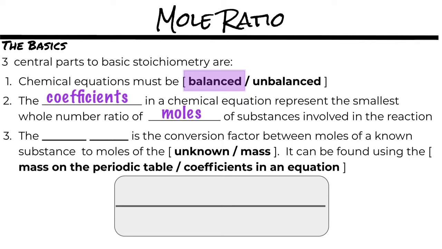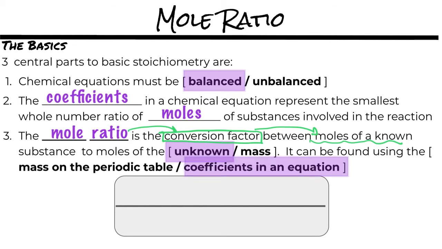And we use this thing called a mole ratio as a conversion factor between moles of a known substance to moles of an unknown substance. It can be found using the coefficients in an equation since the coefficients represent the moles.